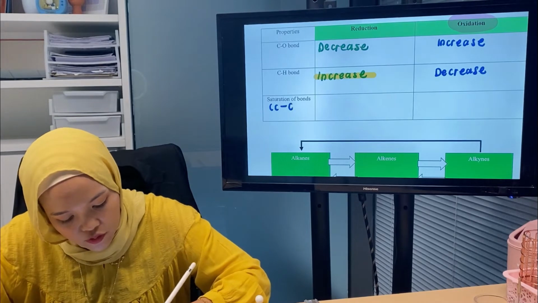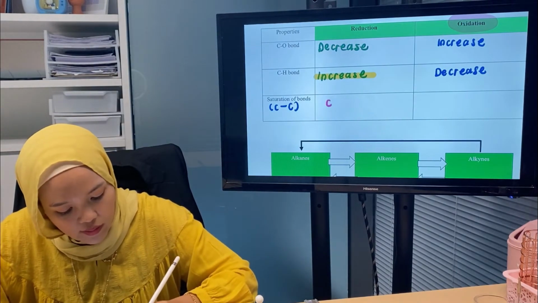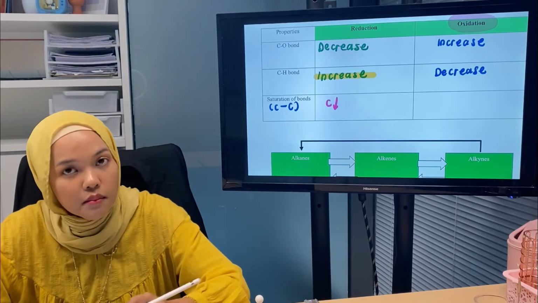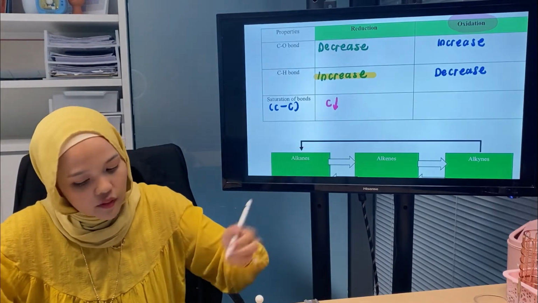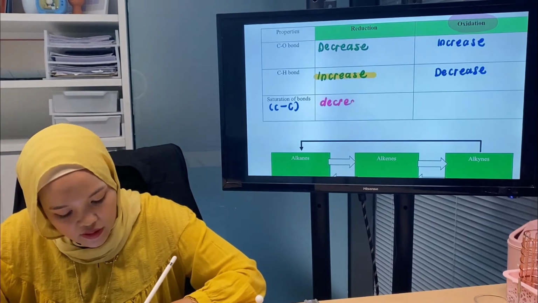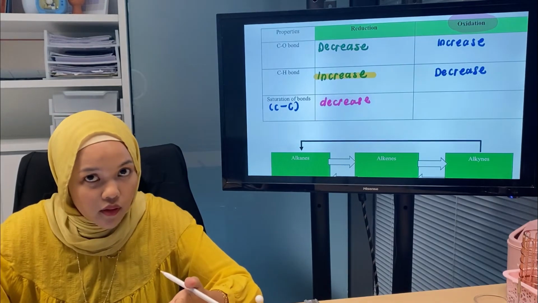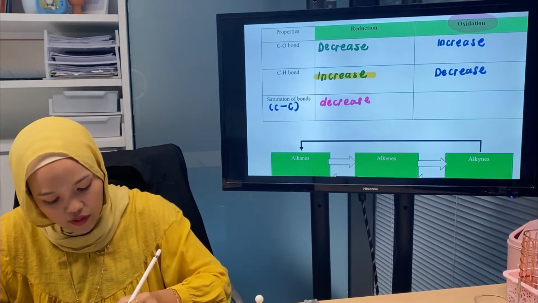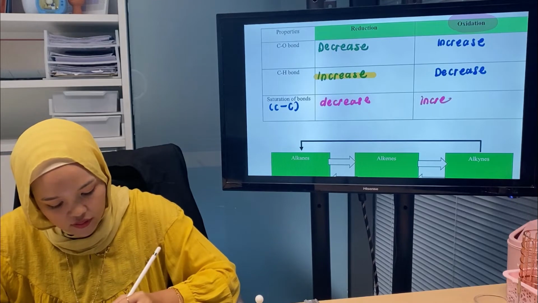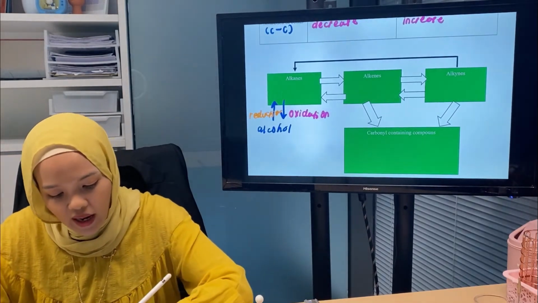I am referring to the carbon-carbon bond here, the saturation will increase. Meaning from alkyne, saturation will decrease, meaning you will have a lower number of pi bonds.